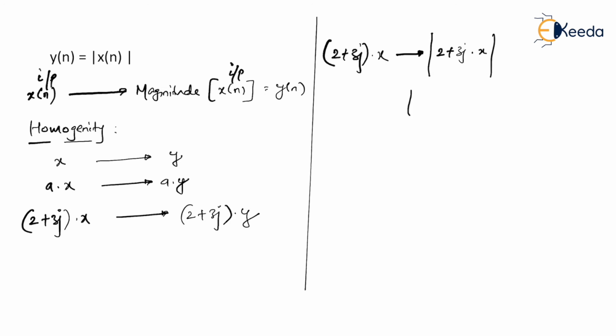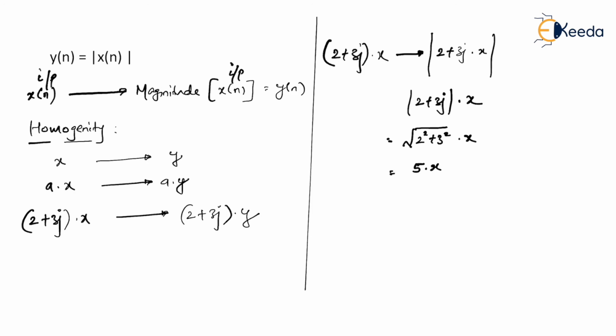Or I can say magnitude of 2 plus 3j times x. And the magnitude of a complex value, let's say a plus jb, is the square root of real part square plus imaginary part square. So it is the square root of 2 square plus 3 square times x, which is equal to 5 times x.